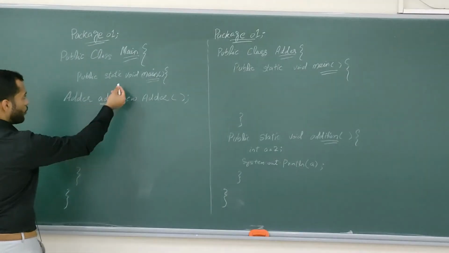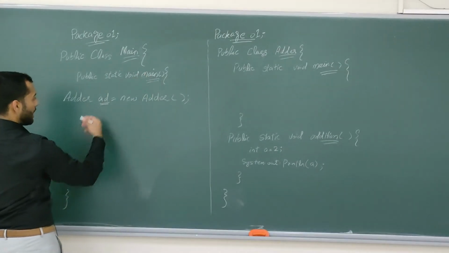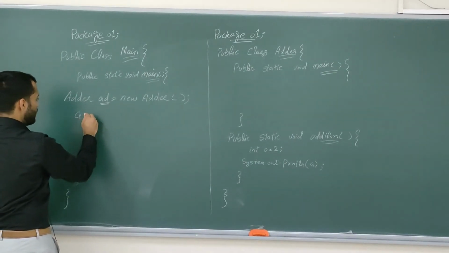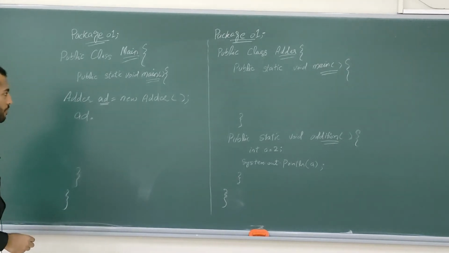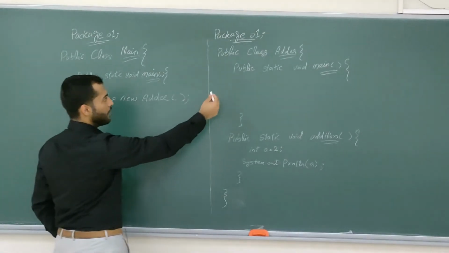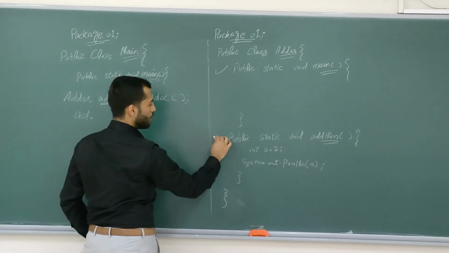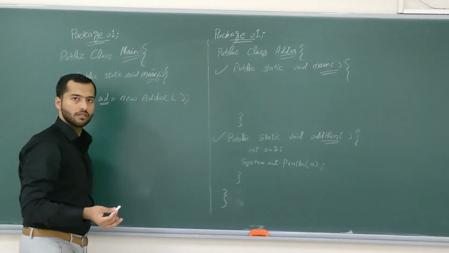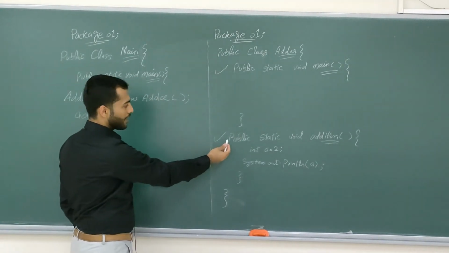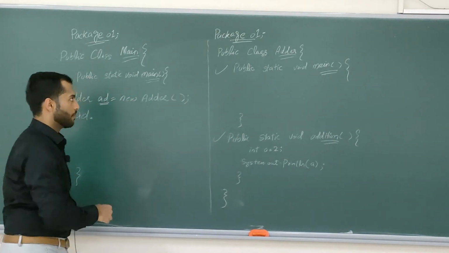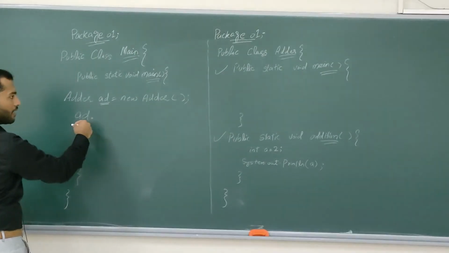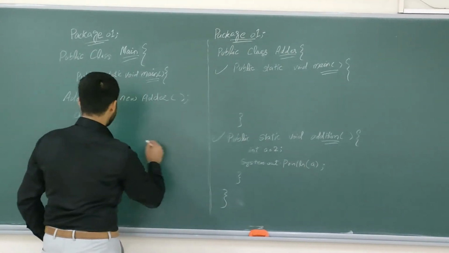Now, within this main method, I can write AD dot. When I put the dot, the compiler will show me these two methods, one this one and one this one. Because these two methods are written as public, I can access them. Like this, I can write add dot, let's suppose addition.